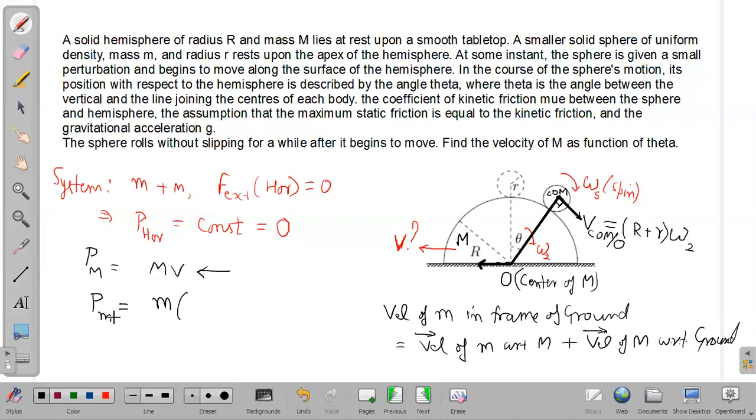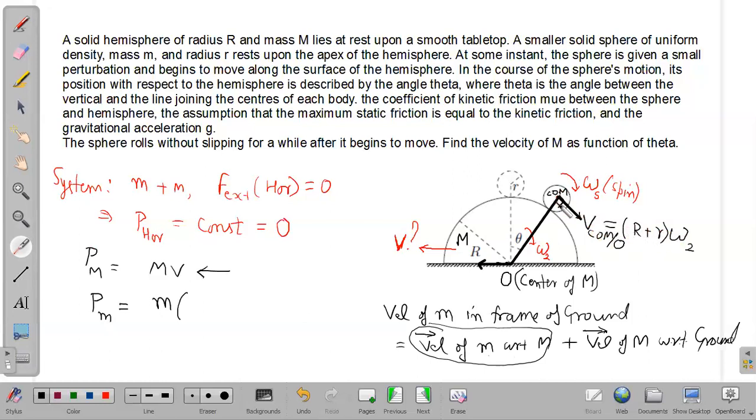So by this reason, the linear momentum of that small m mass will be small m times the velocity of small m with respect to capital M. This velocity is denoted by V center of mass relative to O, written as capital R plus small r into omega 2.